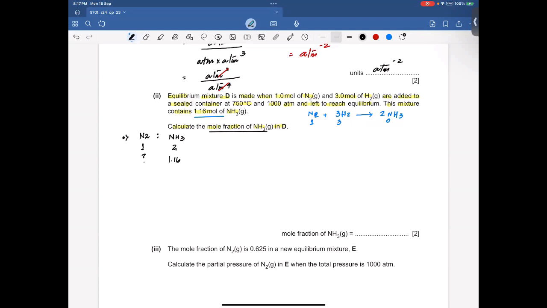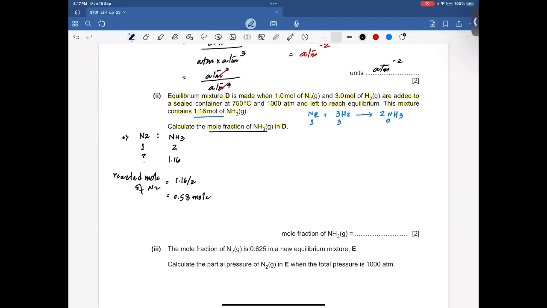So we need to divide 1.16 by 2 so that we get the reacted amount of nitrogen. Reacted moles of nitrogen is going to be 1.16 divided by 2, so I'll get 0.58 moles.